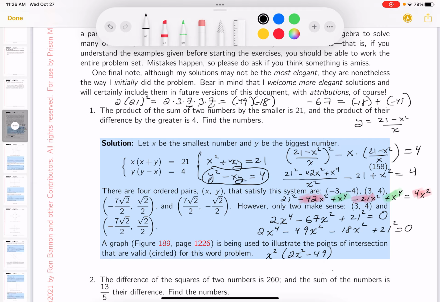Okay, let's look at this then. I'm going to factor a 9 out. You would get 2x squared. And remember, 21 squared, if I factor a 9 out, which is 7 times 7. Did I do that right? I'm factoring a 9 out. I think I made a mistake somewhere.